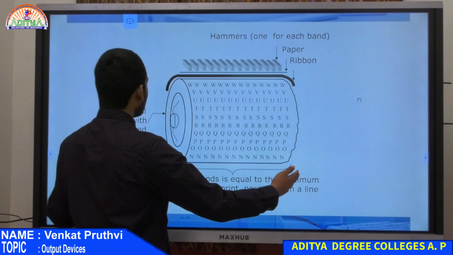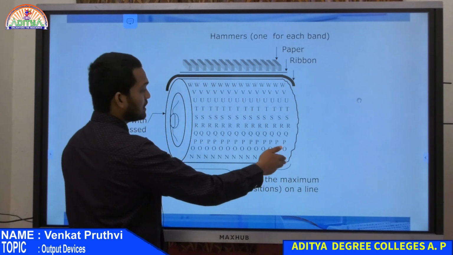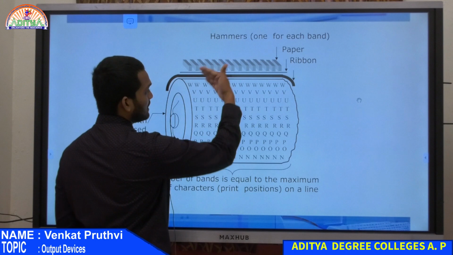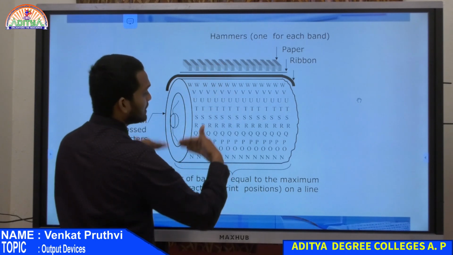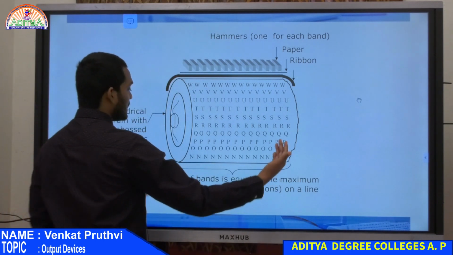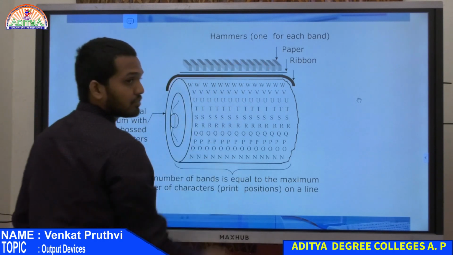So if the solid cylindrical drum is able to handle only 14 letters, then only those 14 letters can be printed onto a line. After that, whatever needs to be printed has to be printed onto the next line. That is how it is. So the length of this band is equal to the number of characters that can be on the line for that print.